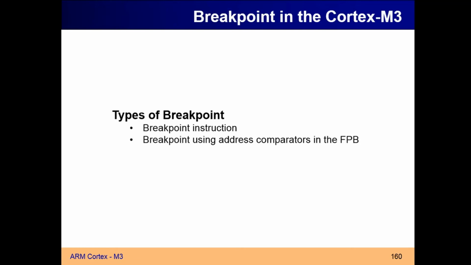What are the different types of breakpoints available in Cortex M3? Two types of breakpoints are there. A breakpoint can be executed by using a breakpoint instruction or by using address comparators in the flash patch and breakpoint unit. Okay. So the first one is the breakpoint instruction.